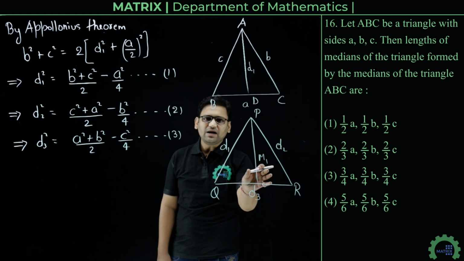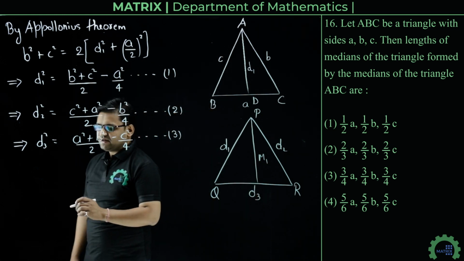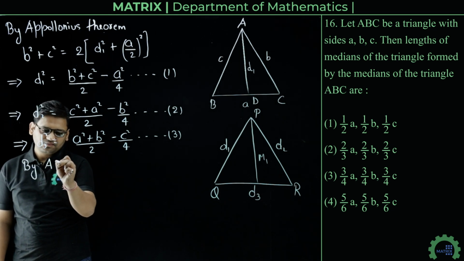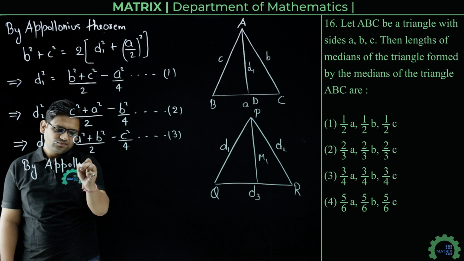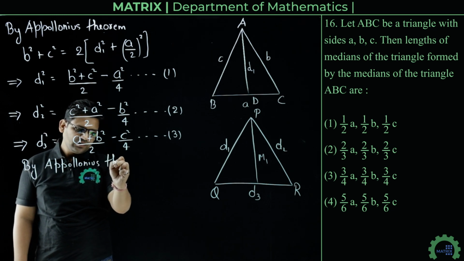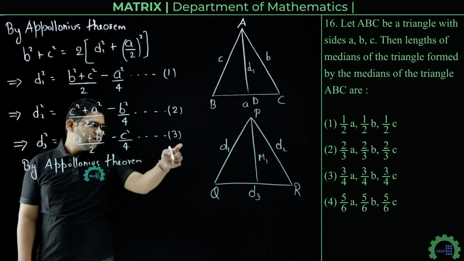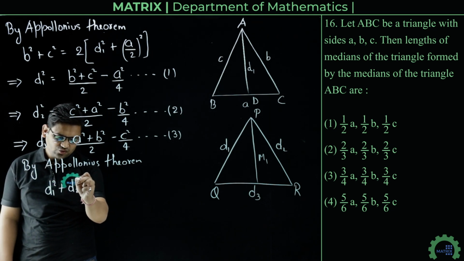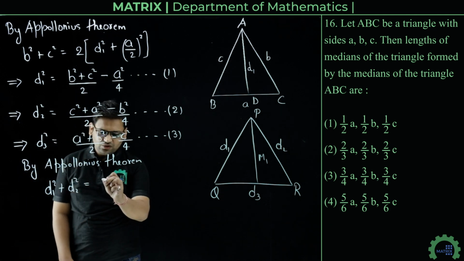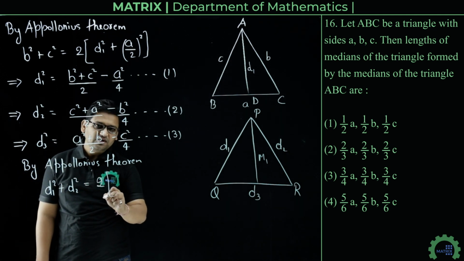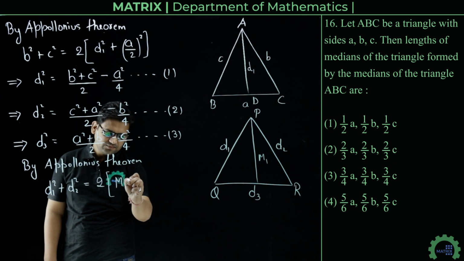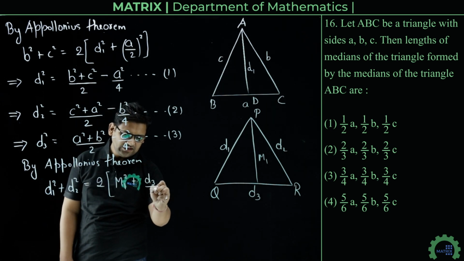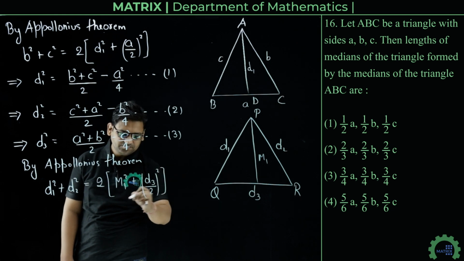So again, applying Apollonius theorem in this triangle. By Apollonius theorem, we can write d1 square plus d2 square will be equal to 2 times of m1 square plus d3 by 2 whole square.